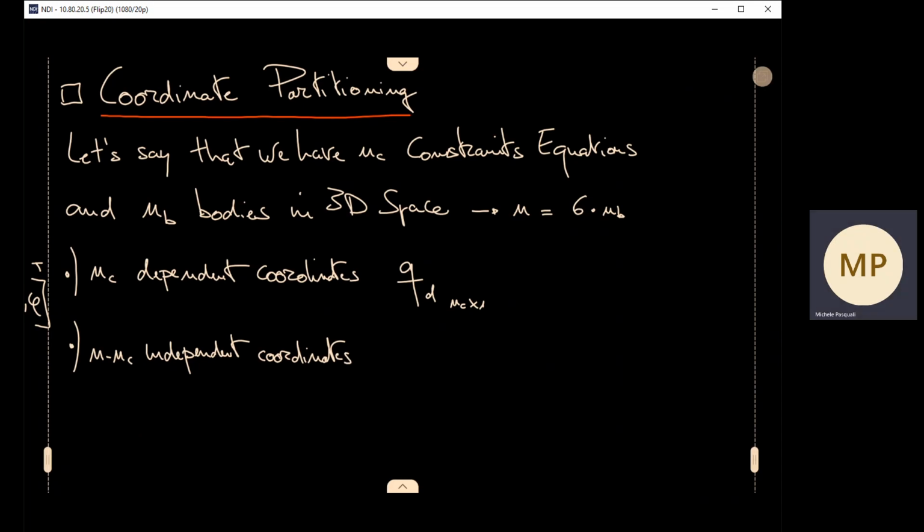And we call them QI, of course, which has dimension N minus NC times 1.